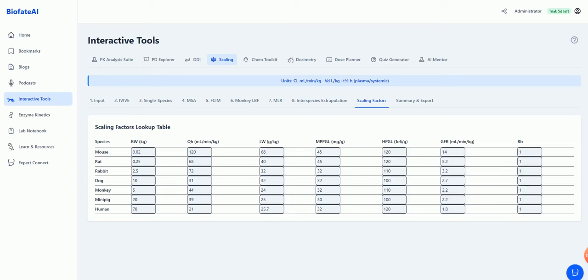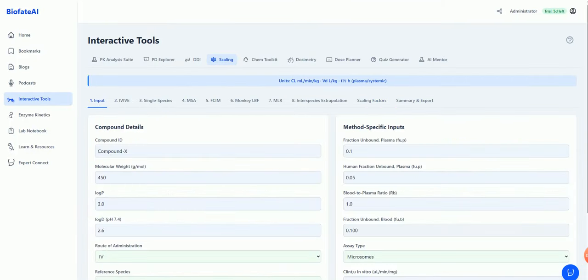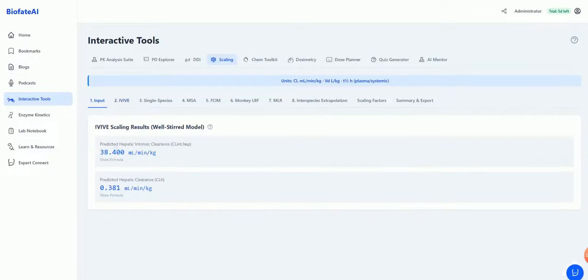The rat has a much higher blood flow per kilogram than the monkey. Biofate AI accounts for this biology automatically, ensuring your scaling is physiologically relevant. The same applies to protein binding. By changing the fraction unbound from 10% to 1%, you can immediately see the impact on hepatic extraction.